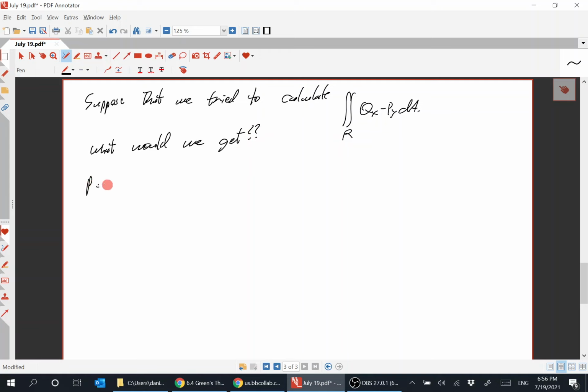Well, P was equal to x over x squared plus y squared, and Q was equal to y over x squared plus y squared. So P_y is equal to, so it's minus x over x squared plus y squared, squared, times 2y. So that's equal to minus 2xy over x squared plus y squared, squared. And Q_x, I imagine, is going to be the same thing.